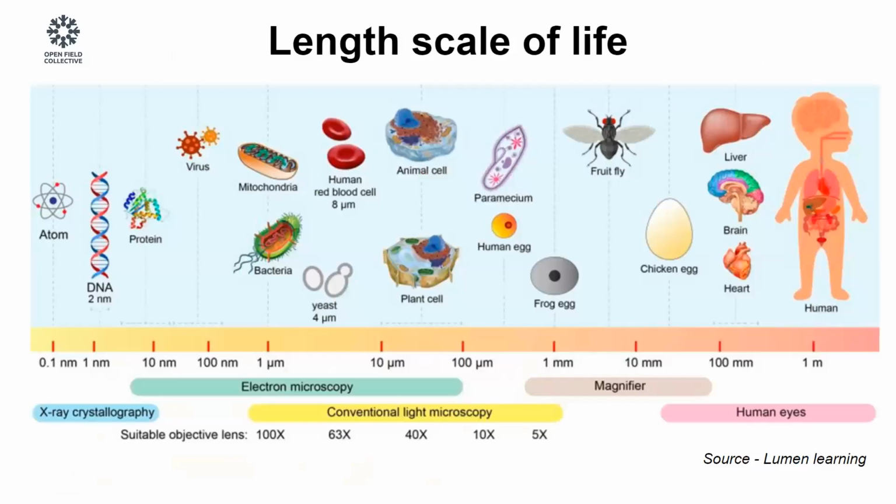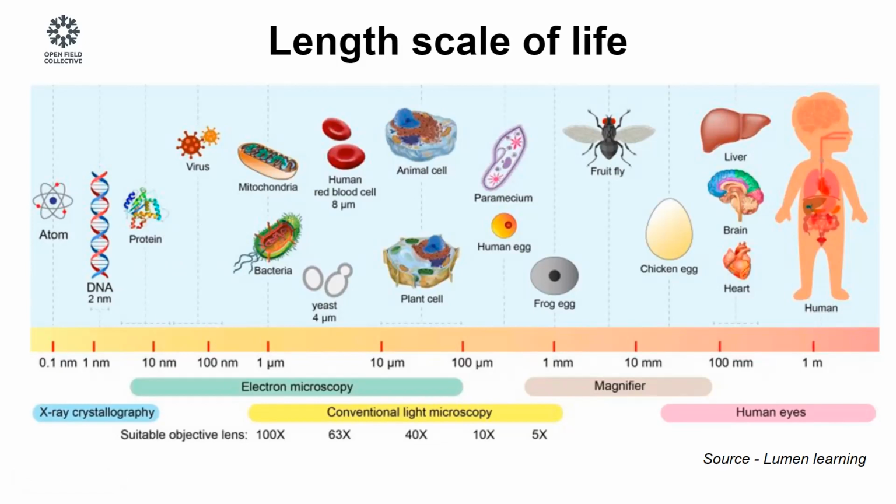But before we go into too much detail of classification, something important to keep in mind is also the length scale we have been talking about. So when we talk about length scale, it's about how big an organism is. So we know that most of the organisms and stuff is made up of atoms, which is one of the smallest units, which essentially can also make a lot of different stuff like DNA or proteins together.